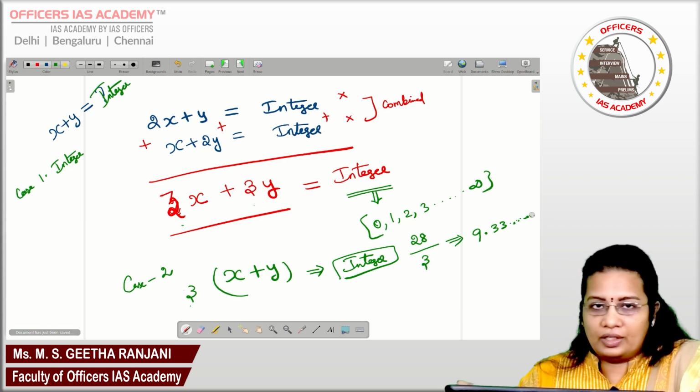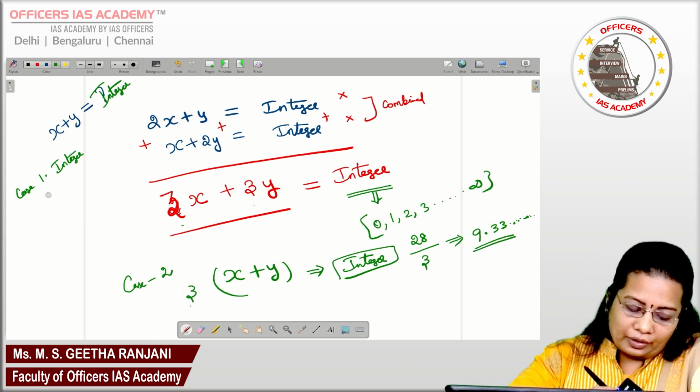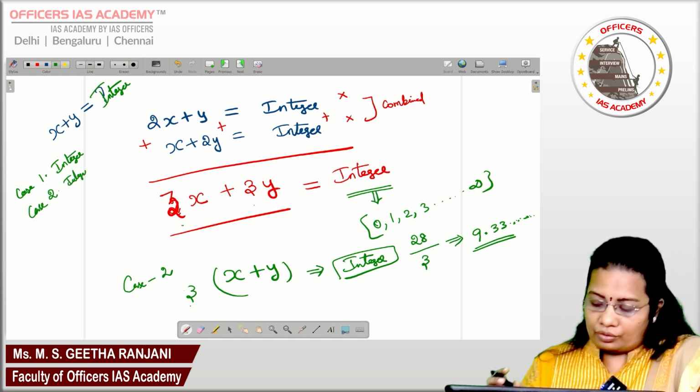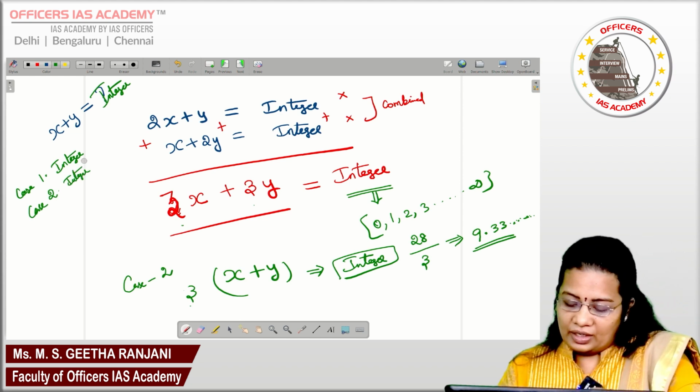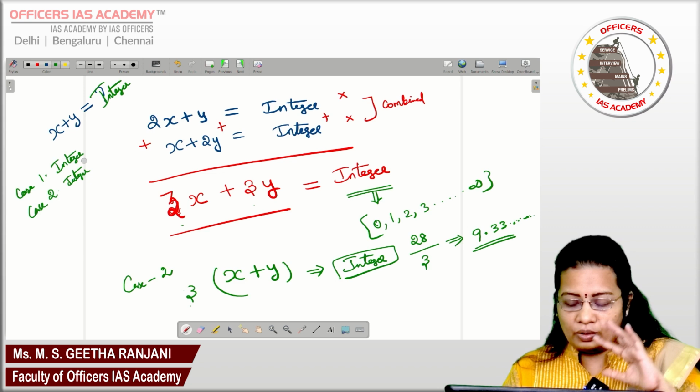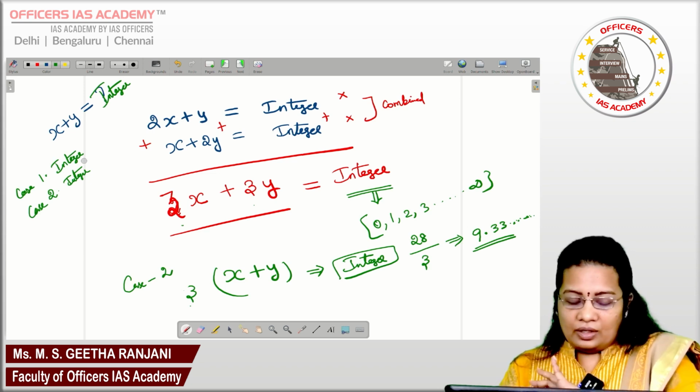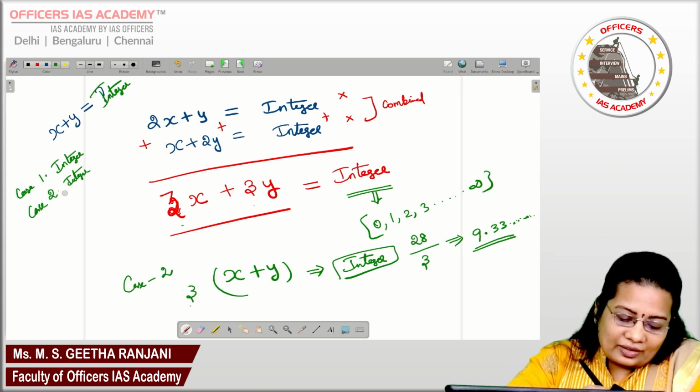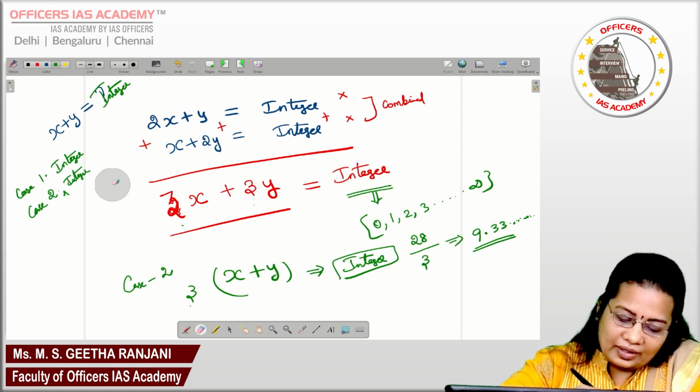So 9.33 is not an integer. So I am getting two different answers: in one case x plus y is an integer, and in another case it is not an integer.